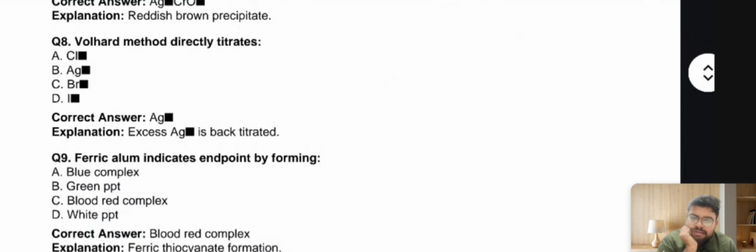The correct answer is blood red complex. When ferric thiocyanate forms, it gives a blood red complex. Then we determine the end point.